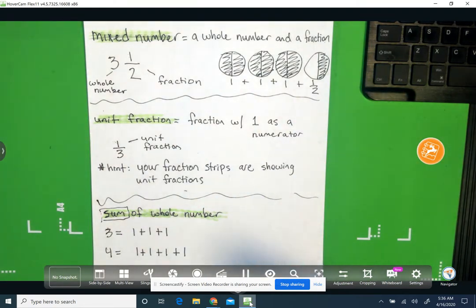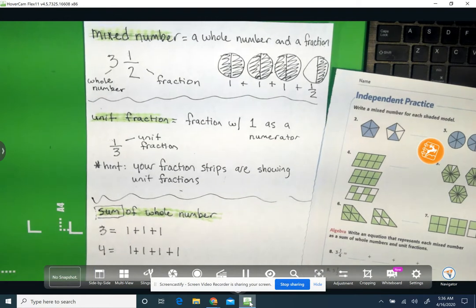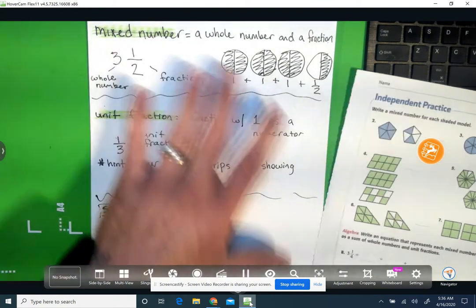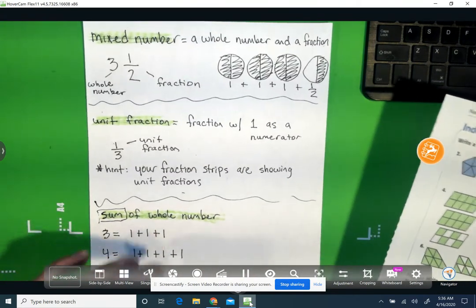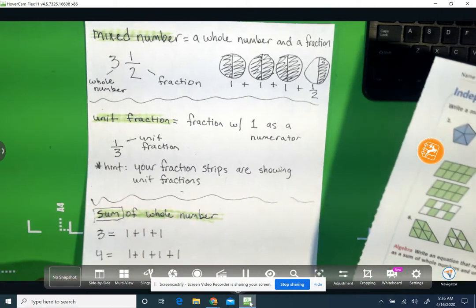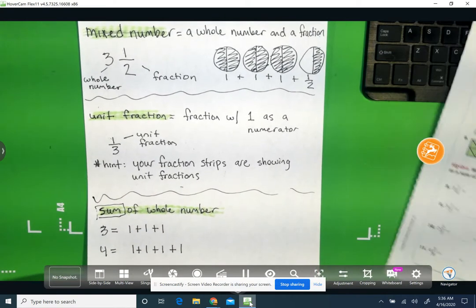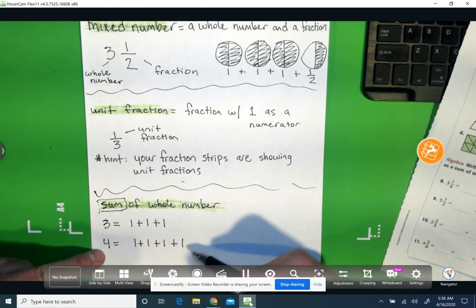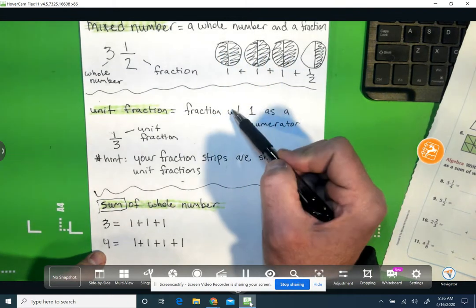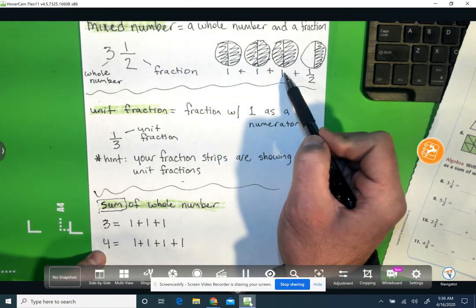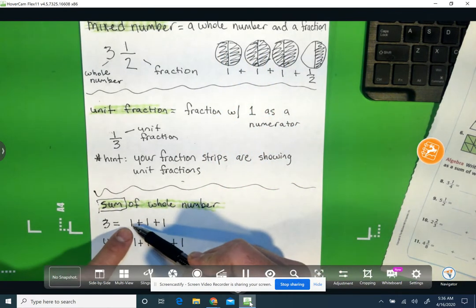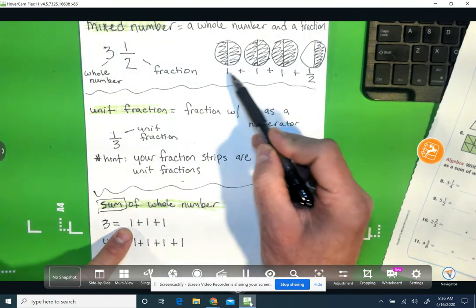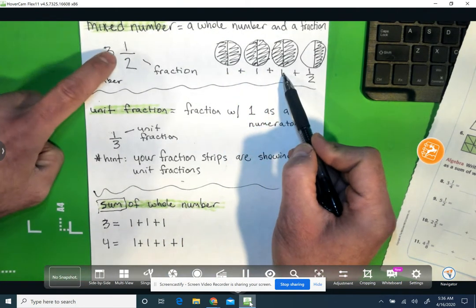Okay, so let's take a look at the independent practice that we have going on, all while referring back to this bit of a guide here. You can see you have the sum of the whole number. Here are your wholes, 1 whole and 1 whole and 1 whole. If you add those up, 1 plus 1 plus 1, you get your 3.